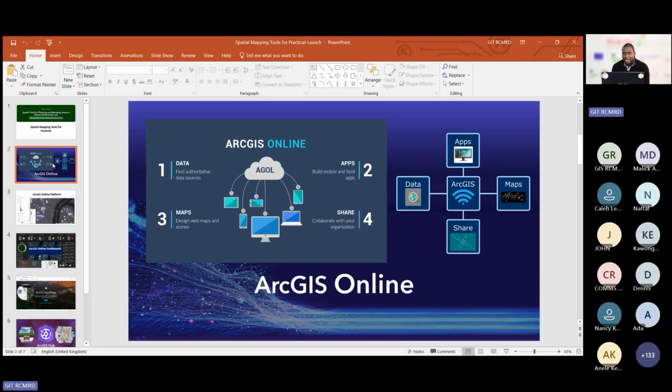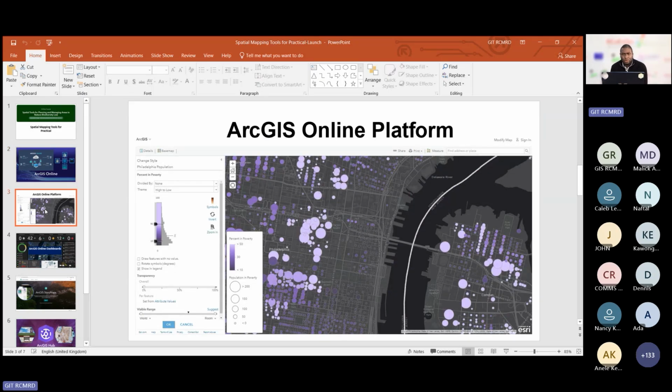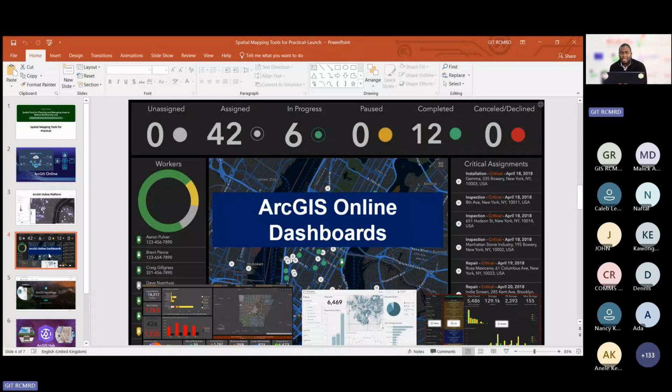So the first application that shall be used is ArcGIS Dashboards. ArcGIS Dashboards helps you to present your data using graphs. You can use pie charts. You can use indicators to present your data in a way that can be understood by the consumers.